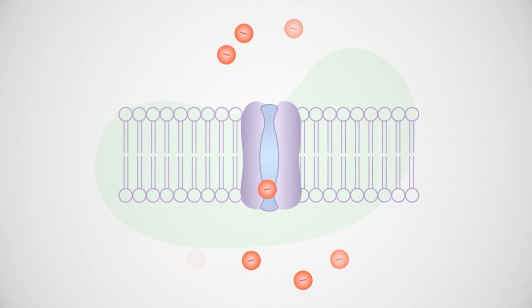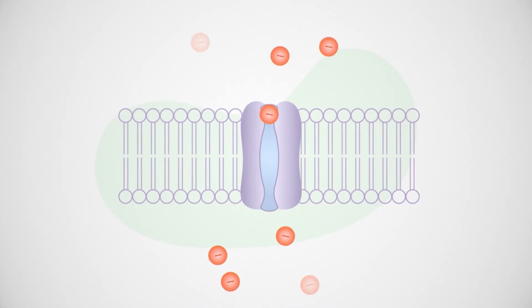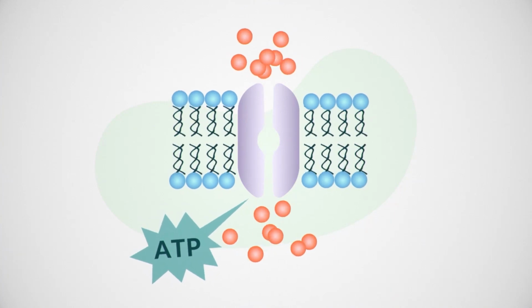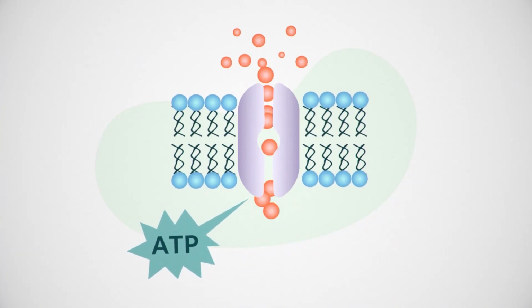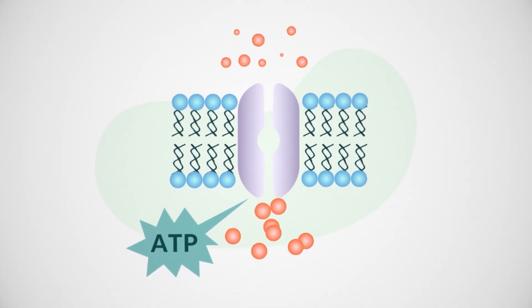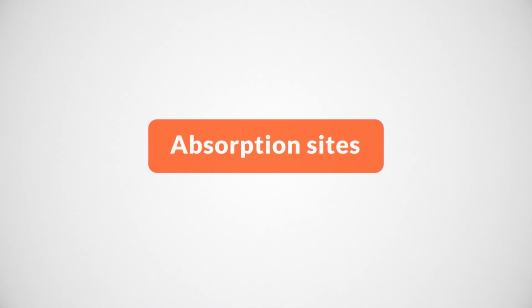The substances must be chemically compatible with the transporter protein. Active transport, where the substance enters the body against the concentration gradient with the help of transport proteins with energy expenditure. The fraction of a drug that is absorbed into the systemic circulation is referred to as its bioavailability.